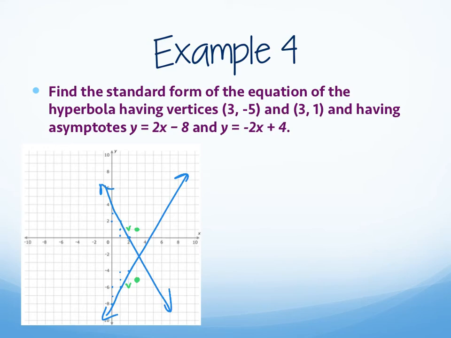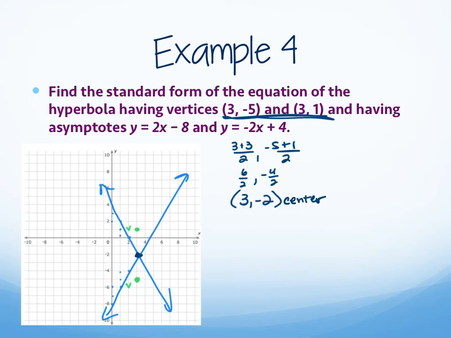So I would always want to figure out my center from my vertices. Remember, it's the midpoint between these. So I would add the two x's divided by 2, add the two y's divided by 2, and that's going to give you the midpoint, which is the center. And (3, -2), there's my center.